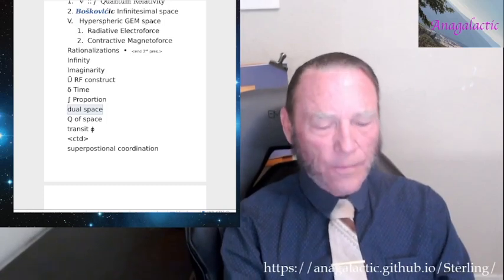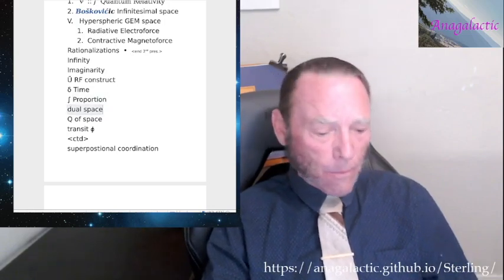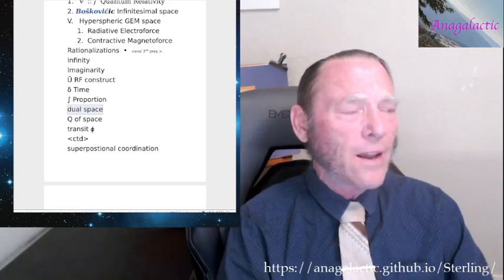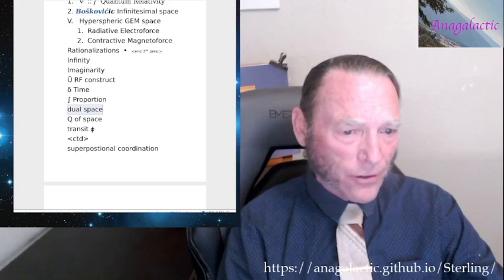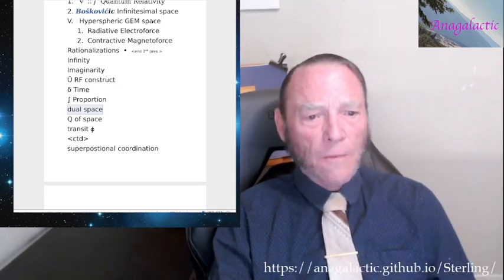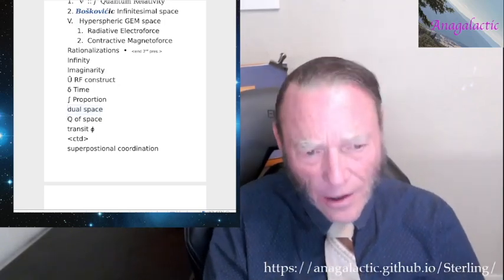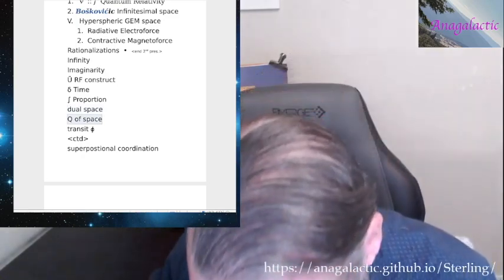Time is a derivative quantity. But in dual space, you deal with integral proportion. And then the duality comes out. It's not the duality that exists between space and space-time or time-space. It's space and energy, which are integral terms.